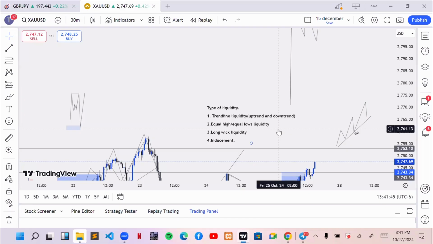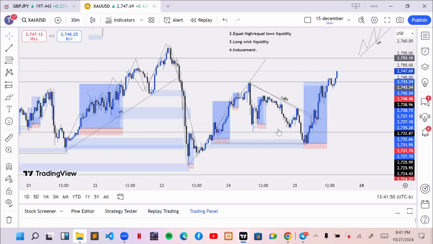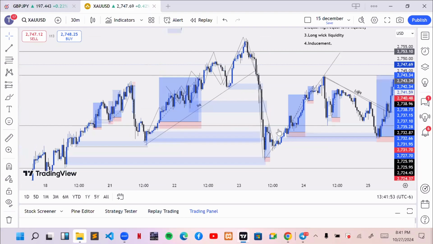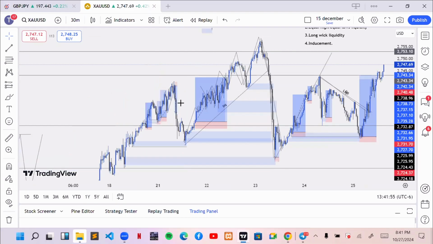Also, another place to take your take profits is a valid point of interest. For example, let's say you take a buy now, and there's an order block up here. Before you can consider using that order block as a take profit, you have to check if it fits the criteria of a proper point of interest.